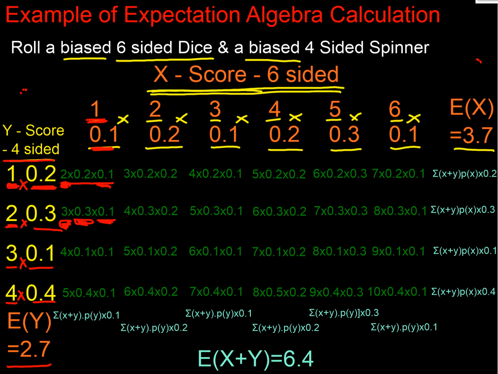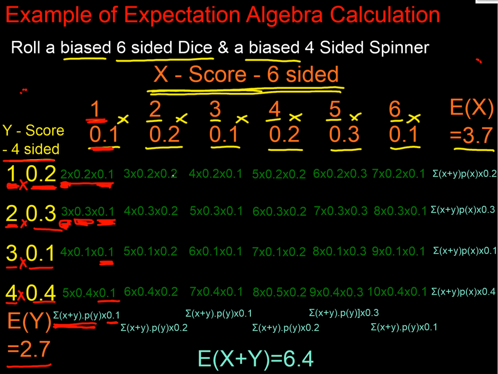Now let's have a look at how this table fits together. What we see here is if we look down the first column, all of these numbers in the first column have a 0.1. And if we were to write that algebraically, then we've got that probability 0.1 times the sum of the x and y scores times the probability of y.